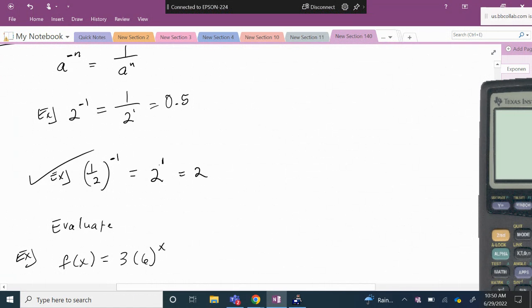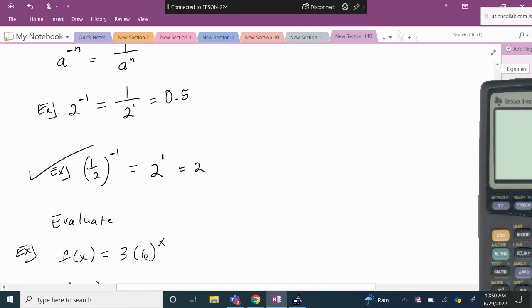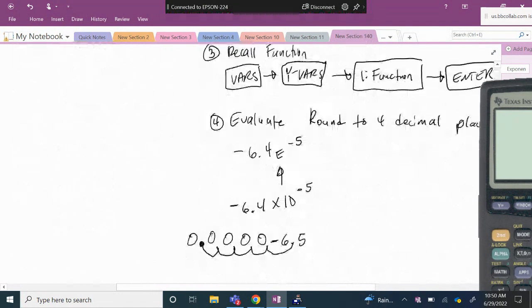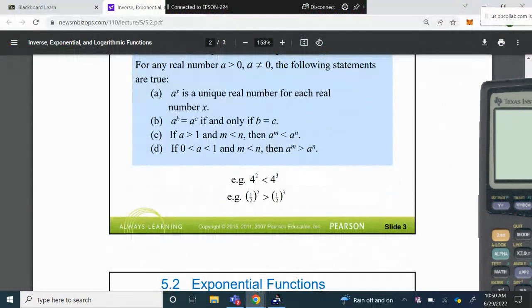Notice for this example, if you raise 1/2 to the negative first power, that gives you 2 to the first power, which is 2. So I am going to do that here.